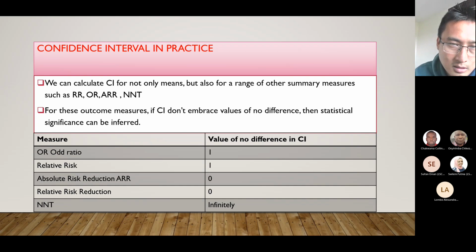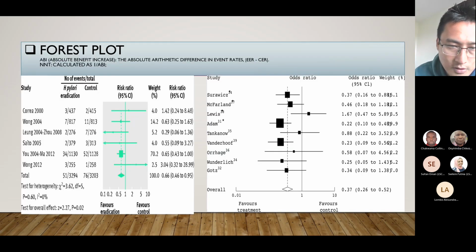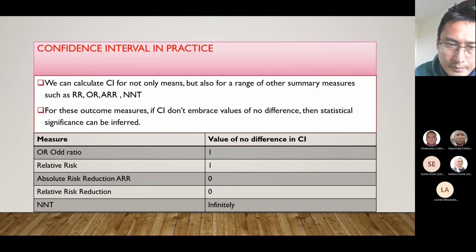Is this clear? Yes, we had already covered this one. What's the formula of NNT? 1 over ARR. And EER minus CER is absolute risk reduction. Unfortunately, you guys have to remember this one. Mug it up.